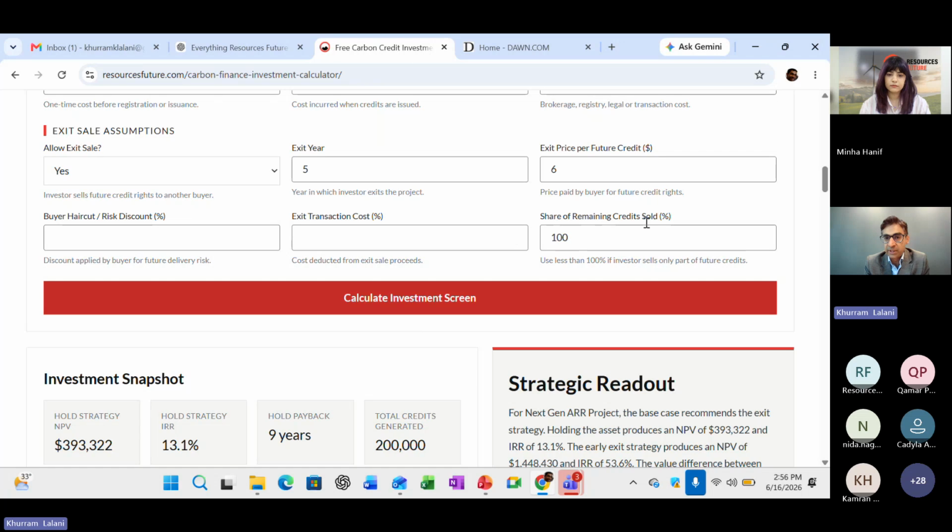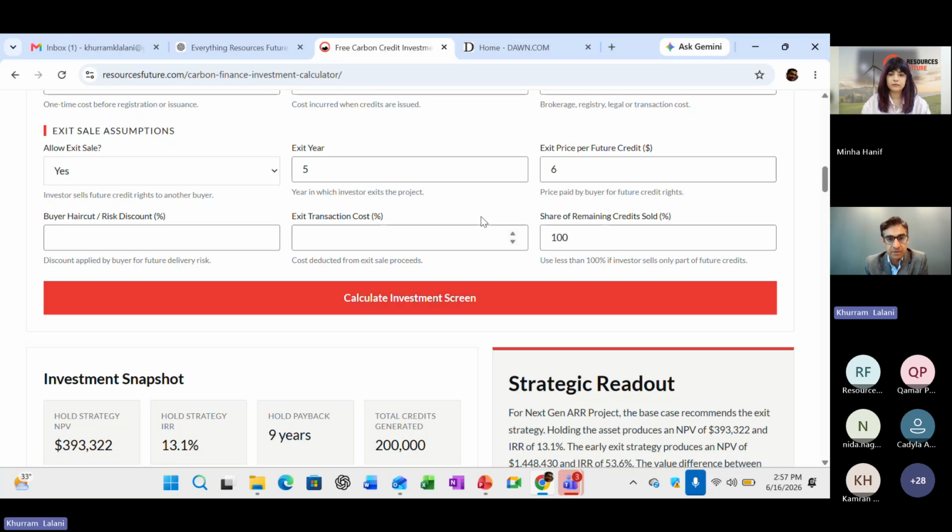And how much of the remaining credits do you want to sell? Here we have taken an assumption that the project developer says I'm going to sell my entire inventory, 100% of it, in year 5. I'm not going to wait till year 12, and I'm going to sell 100% of my inventory in year 5 at the price of $6 per credit.